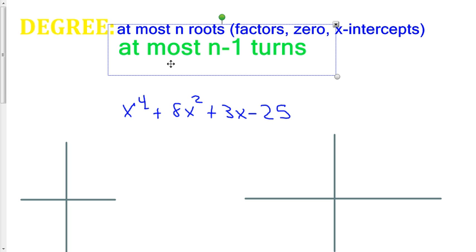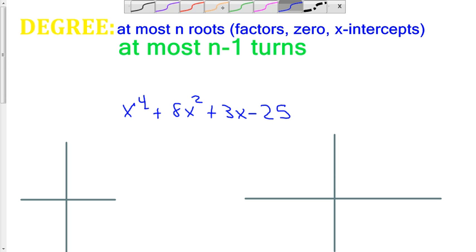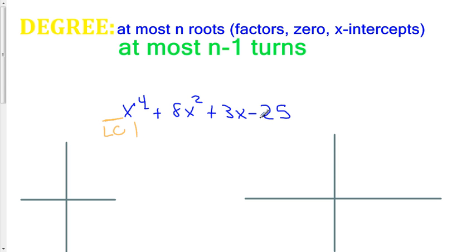So in our example here, x to the 4th plus 8x squared plus 3x minus 25, the leading coefficient is 1, and the constant is negative 25. So we know that it crosses at a negative 25 because it has a leading coefficient that is positive and it's a 4th degree polynomial.